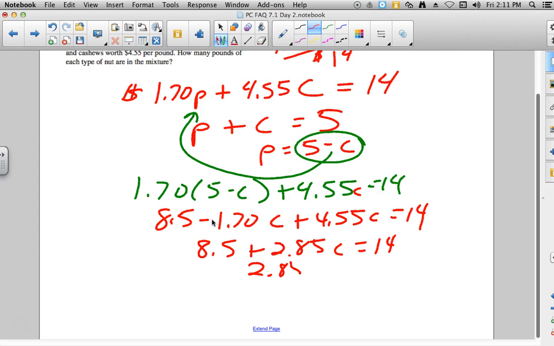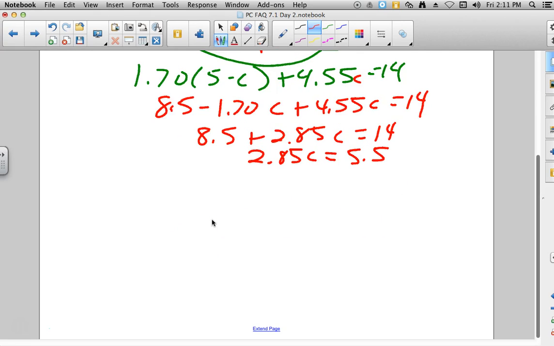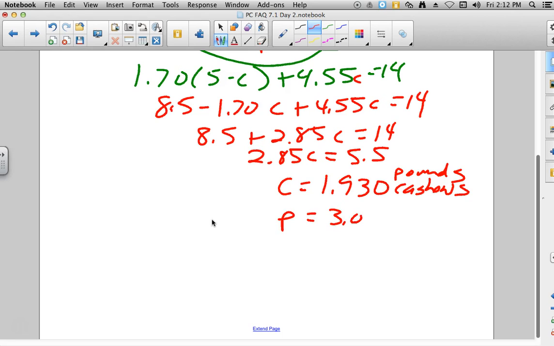And 2.85C equals 5.5 by subtracting that 8.5 from both sides, and then by dividing. There's our cashews. And we know that there are 5 pounds total, so this is pounds of cashews. And then if you take 5 minus the 1.930, you'll get pounds of peanuts. And that will give you the 5 pounds that they wanted.